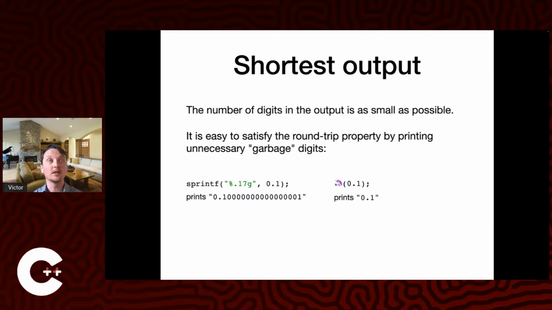We would prefer the number of digits in the output to be as small as possible, because it's easy to satisfy the round trip property by printing unnecessary so-called garbage digits. Here's an example. If we call printf and say 17 digits, you get the round trip property, but the output is kind of rubbish because the string 0.1 unambiguously represents the same number, and it is much more user-friendly.